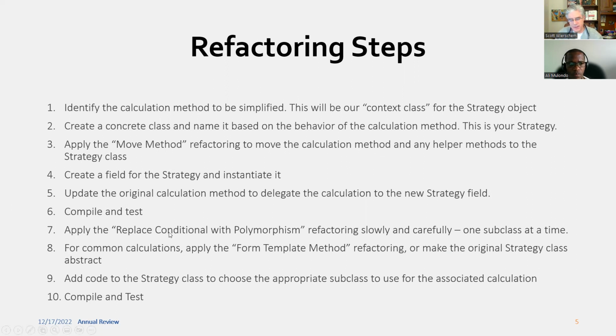You apply the replace conditional with polymorphism refactoring. Okay, so now that we've got this object, now we've got our if statement, which has the different special cases, and you'll create specific classes to handle each of those that all extend your context class, or basically the strategy object that we're looking for here.